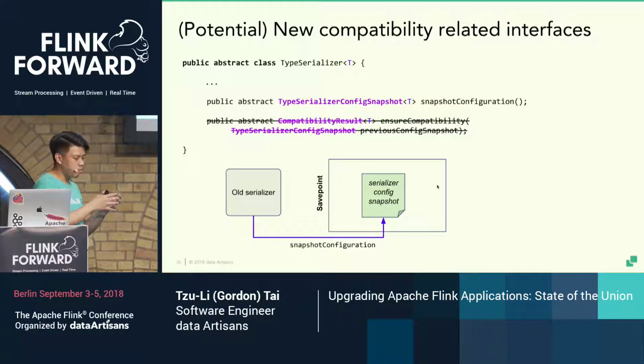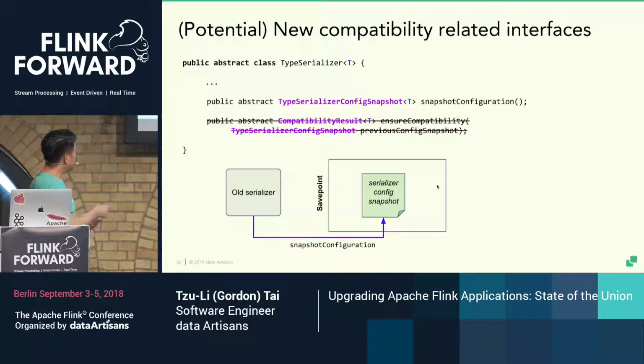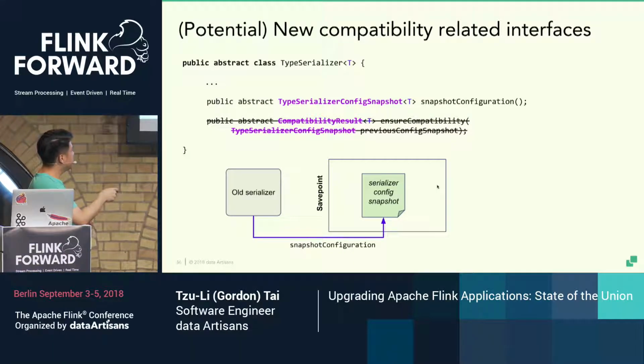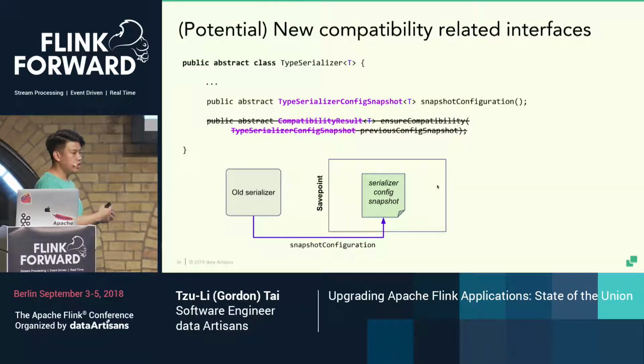It's always much safer to keep your serializers immutable instead of having the possibility of mutating them. As you remember, in this ensure compatibility method, in the current approach we sometimes need to reconfigure the current serializer just so that it's compatible. This is dangerous because it could easily lead to inconsistencies, for example, the same serializer being different in different task managers.